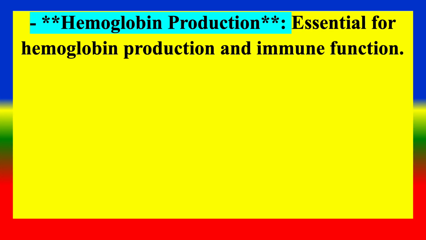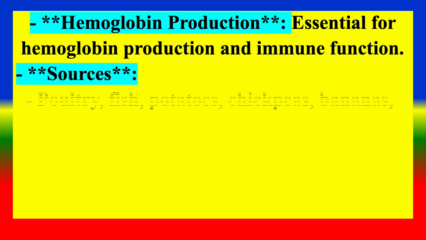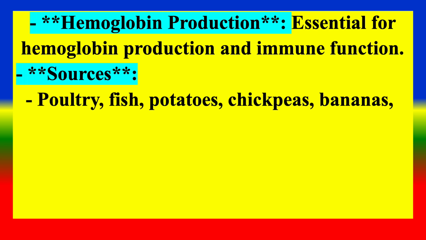Hemoglobin production, essential for hemoglobin production and immune function. Sources: poultry, fish, potatoes, chickpeas, bananas.